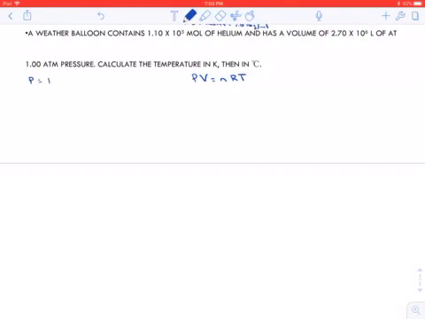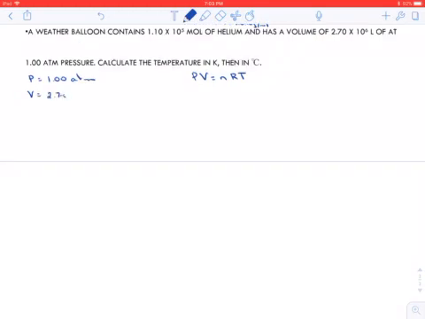We've got P, 1.00 atm. V is our volume, 2.70 times 10 to the 6th liters, so we're good there. N is our moles, 1.10 times 10 to the 5th moles. We've got R, our gas constant.